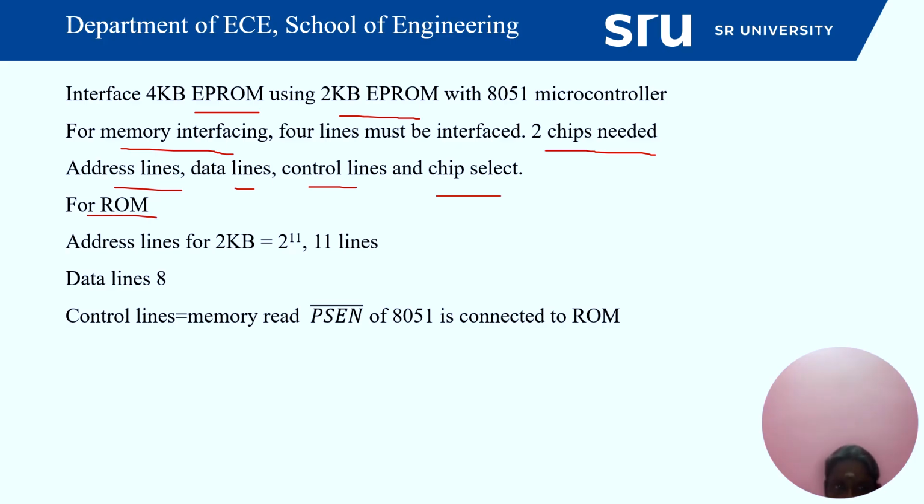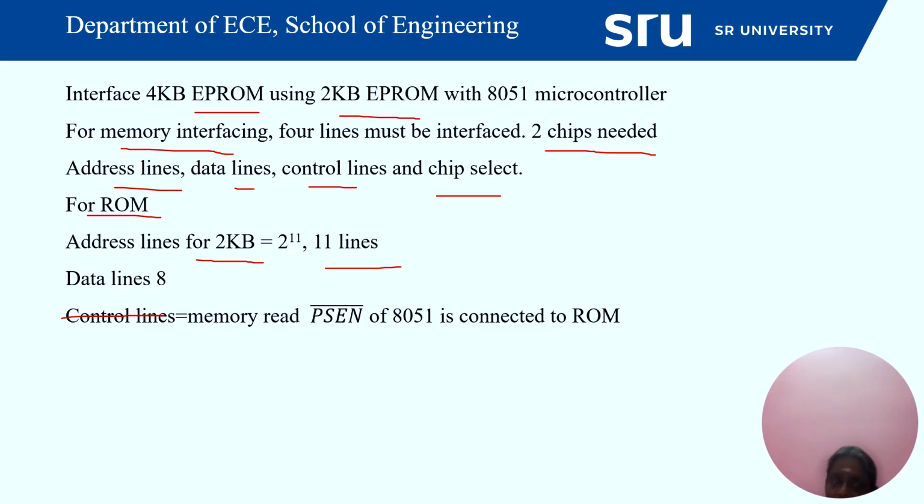For ROM, address lines for 2 kilobyte equal 2 power 11. Depending on the capacity, 2 power 11, this many locations we can have. So to address them, 11 lines are needed. And data lines are 8, as we know the 8051 data handling capacity is 8 bit.